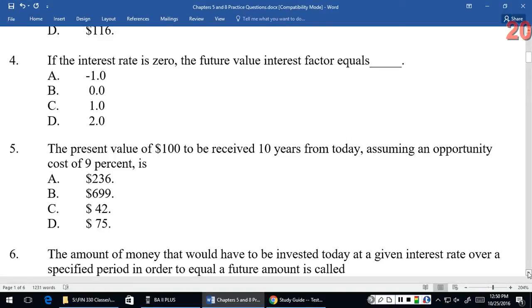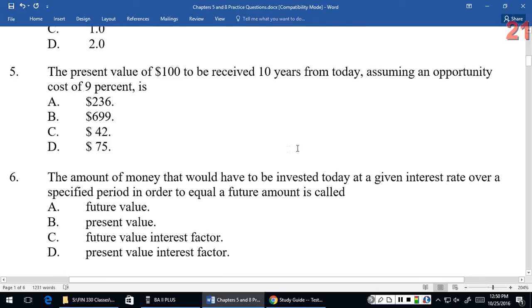If you look at the problem that we just worked, if you took the 1 plus r raised to the nth power, if you took, for example, 1 plus 0 raised to the first power, raised to the second power, raised to the 10th power, raised to the 100th power, is still going to equal what? 1.0. Okay? So the answer would be C for number 4.